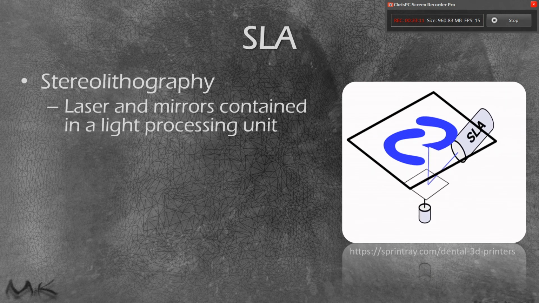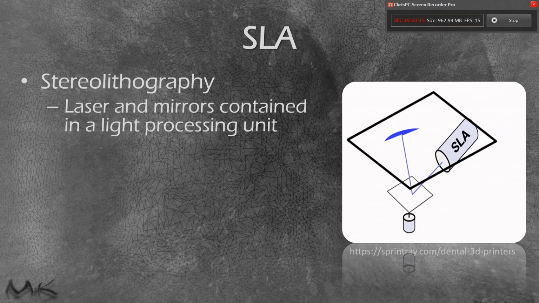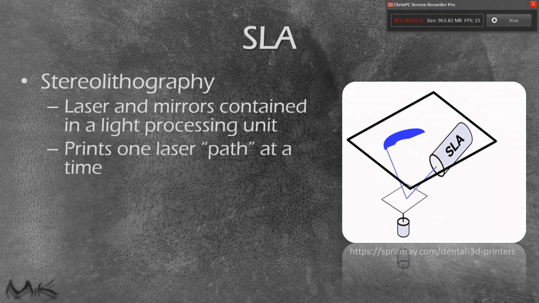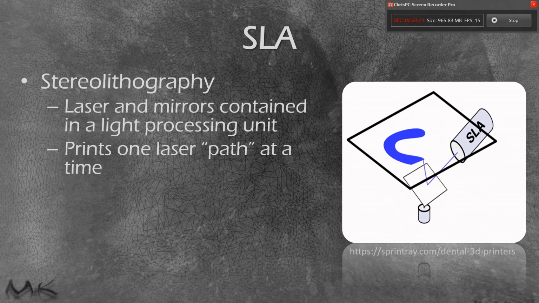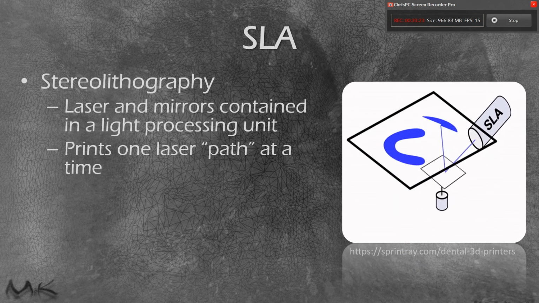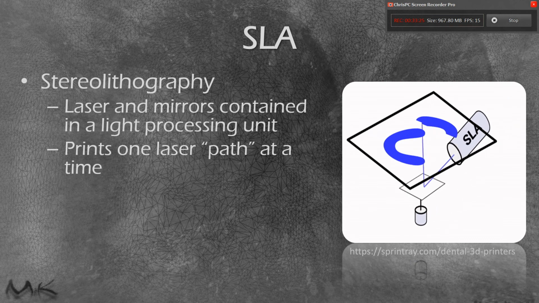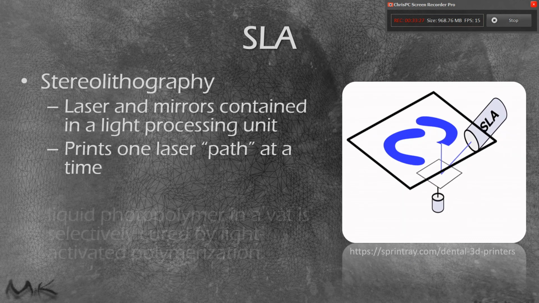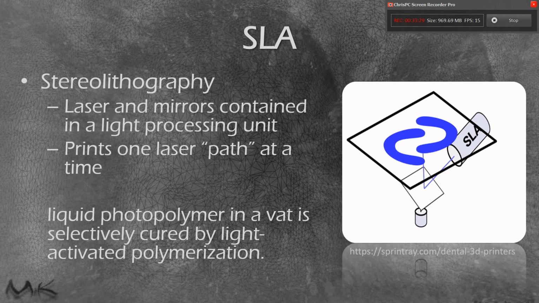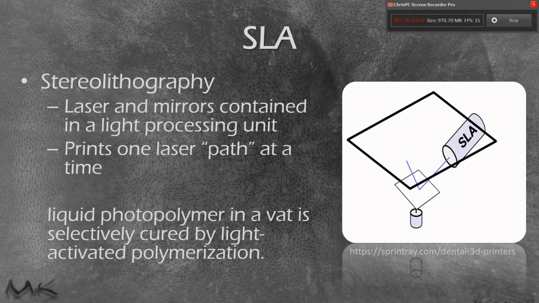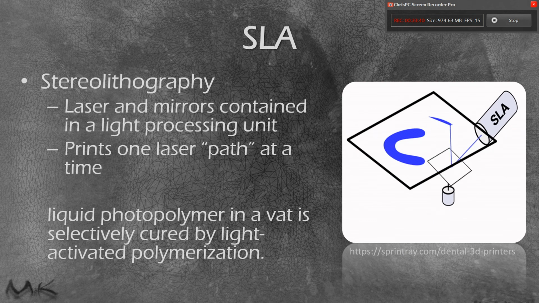The laser cures in a path each individual point on that individual layer. As you watch these print, you'll see a laser looking like it's zapping the surface of your model, building it from the base to the top. So it actually builds the model upside down. These liquid photopolymers in a vat are selectively cured and activated by light polymerization, typically at a wavelength of around 385 to 405 nanometers.